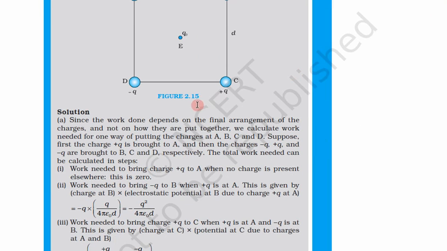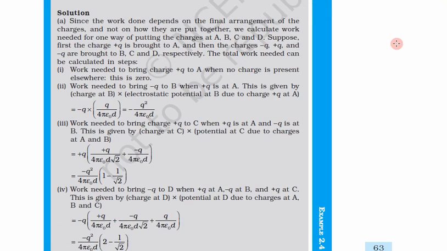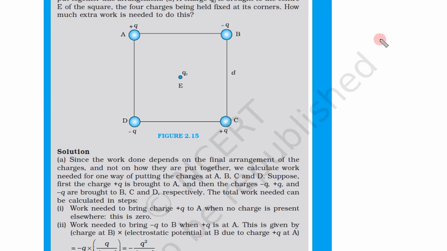So now let us solve this step by step. The picture is in your mind, but let me draw the picture once again. So this is charge positive q, this is charge negative q, and this is again charge negative q, and this is positive q.